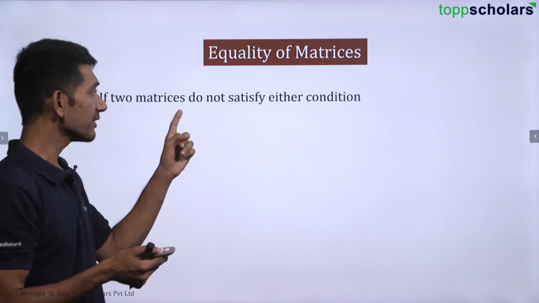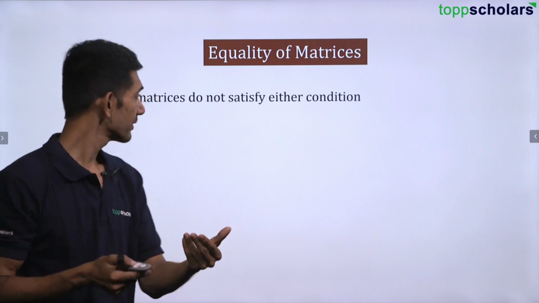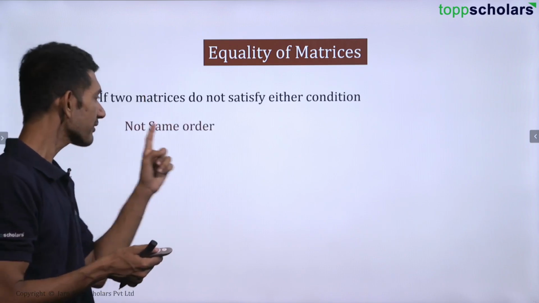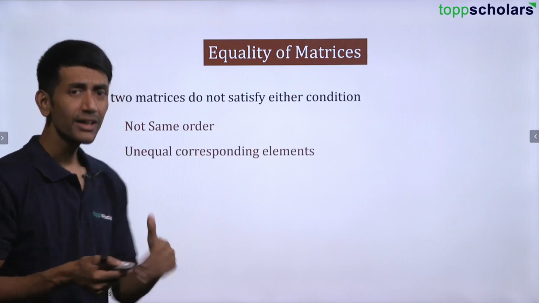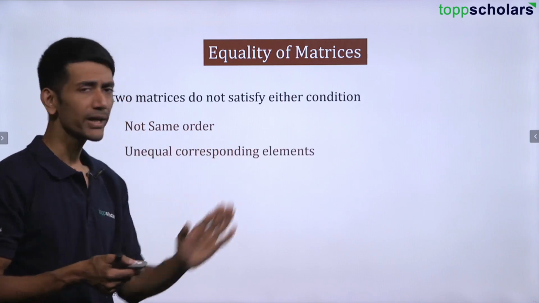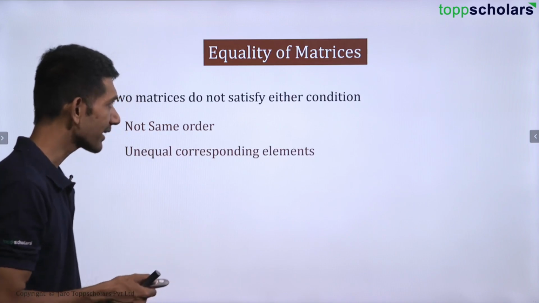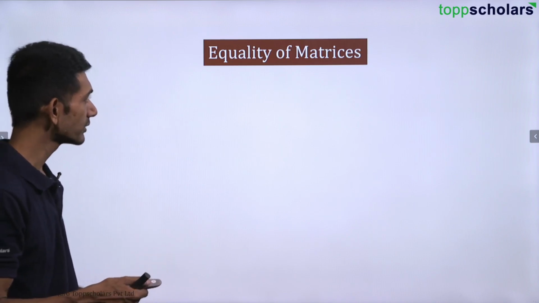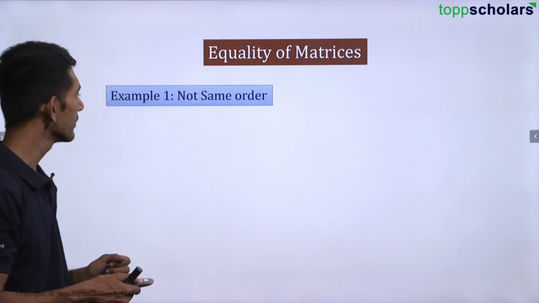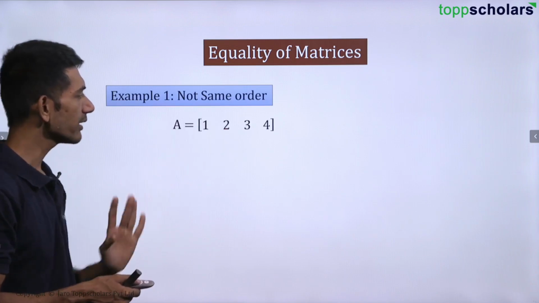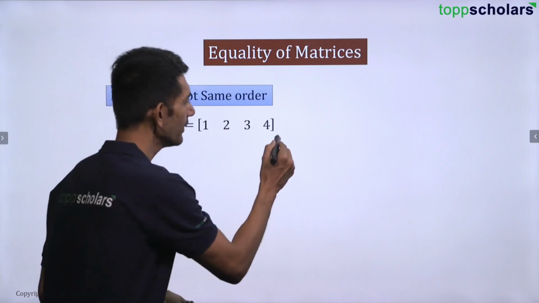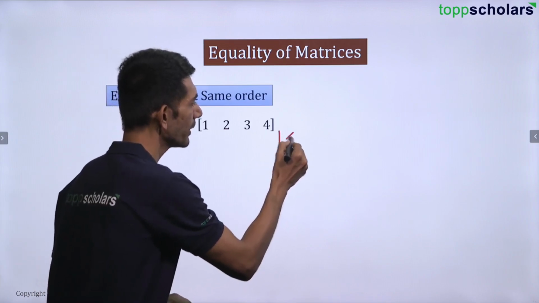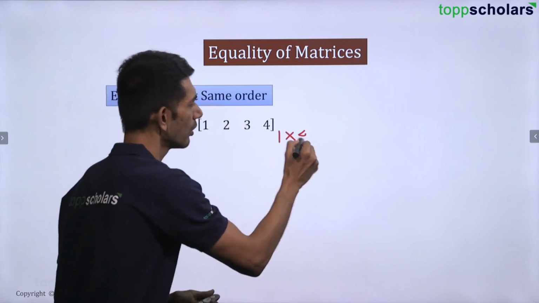Now if two matrices do not satisfy, then we can say that they don't have the same order, or they can have unequal corresponding elements. For example, there are two matrices with different orders. We'll see that example here. A is 1, 2, 3, 4. Okay, how many rows are there? 1 row. How many columns are there? 1, 2, 3, 4. Okay.